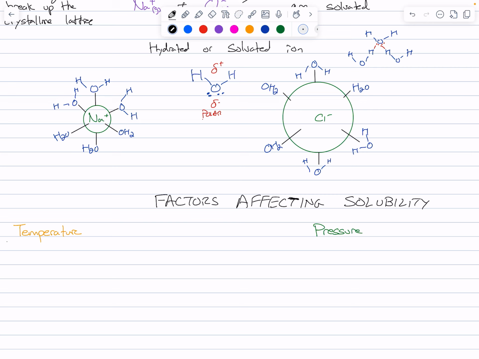So typically, right, as temperature increases, more solids can dissolve in liquids. Right? Which means solubility increases.